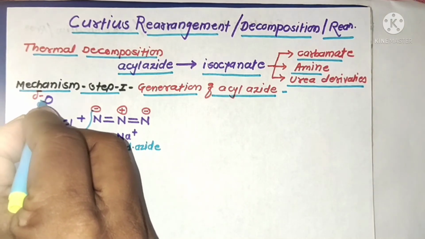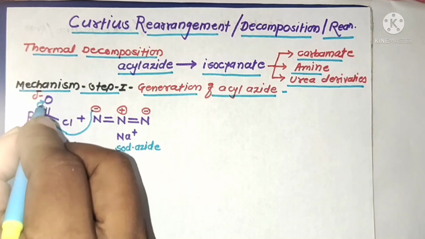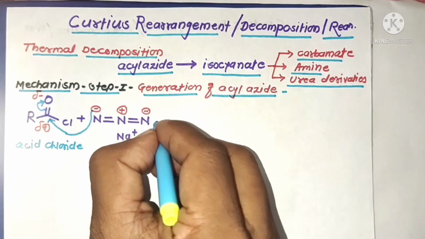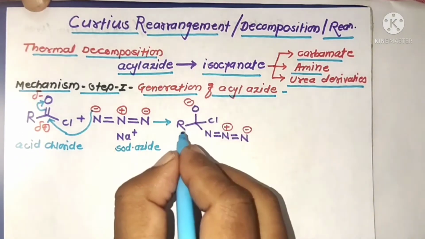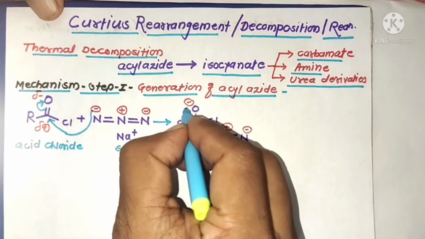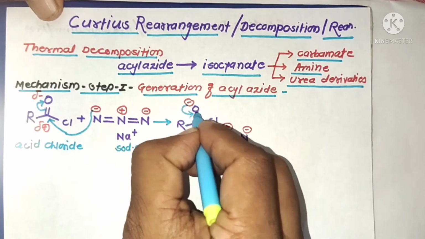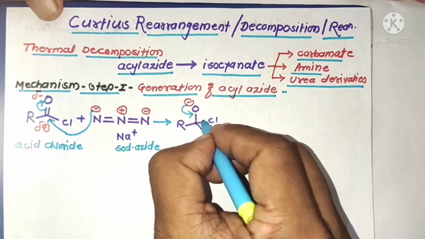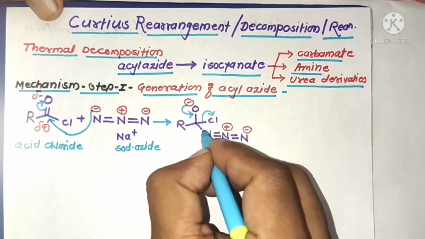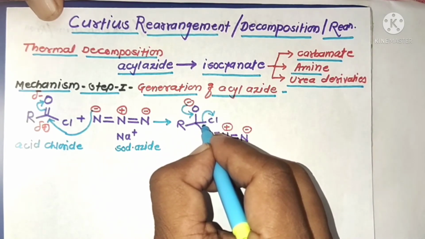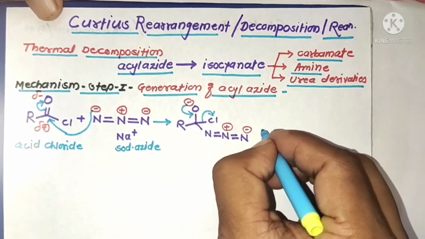This bonding electron pair shifts toward the more electronegative oxygen atom. Then the chloride is eliminated: the oxygen's non-bonded pair of electrons shifts to form a double bond, and Cl leaves with its bonding pair of electrons as the Cl minus ion.